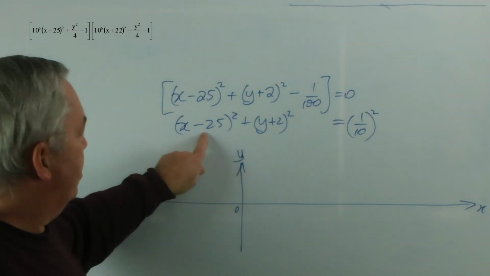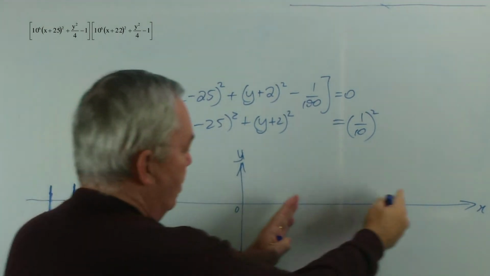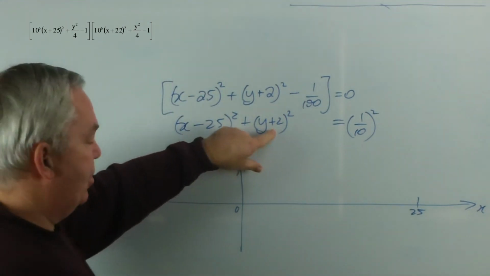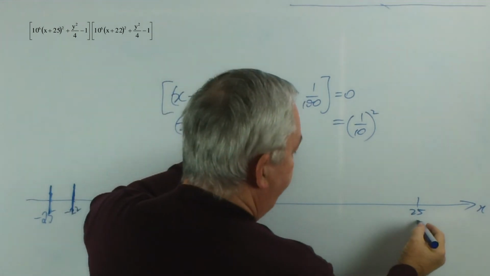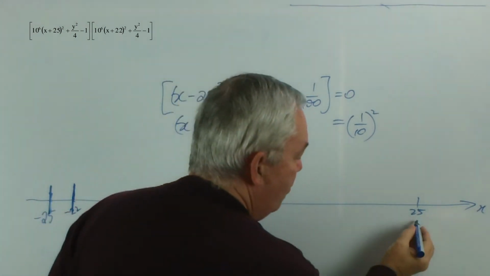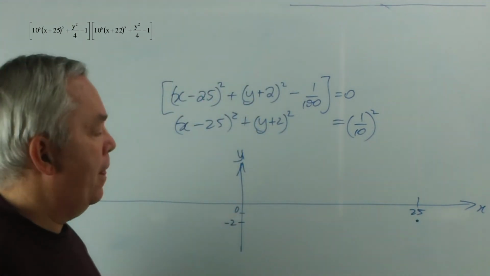Where's the centre of this circle? It's at x equals plus 25, so unlike these ones, it's up this end. At y equals minus 2. And it has a radius of 1/10, a very tiny radius, so it's to make a little circle.